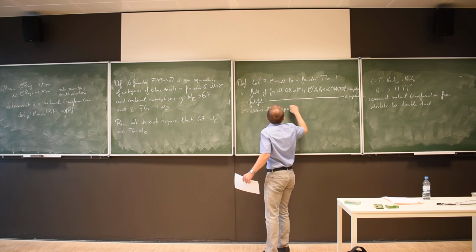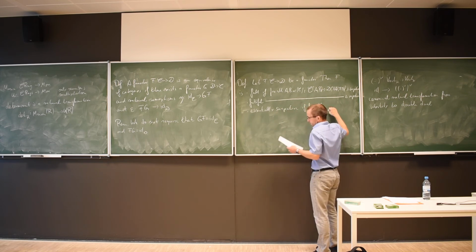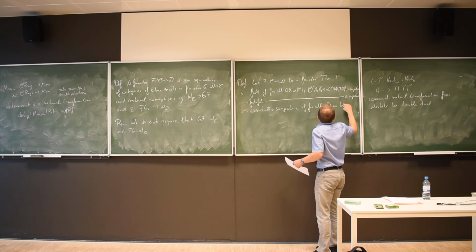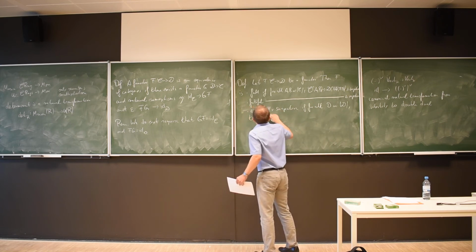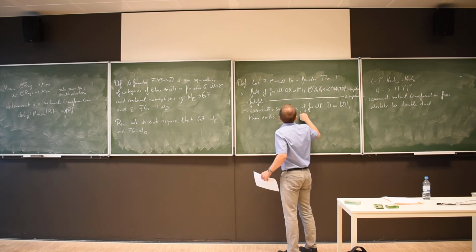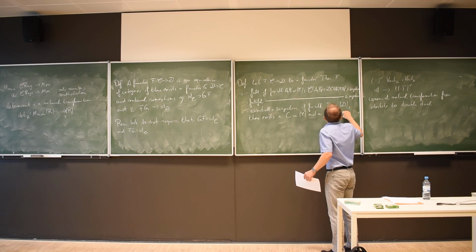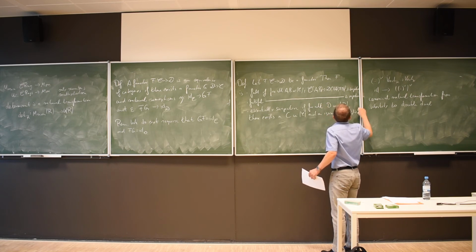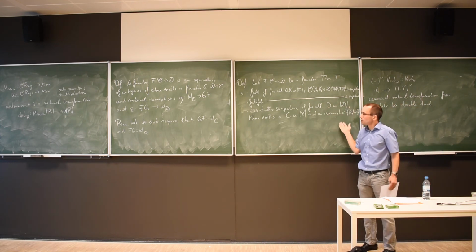And lastly, we say that such a functor is essentially surjective if the following holds: for all objects D in the category D, there exists an object C in the category C and an isomorphism from F of C to D. So this last condition refers to what the functor does on objects, and it says that up to isomorphism, every object is in the image of the functor.